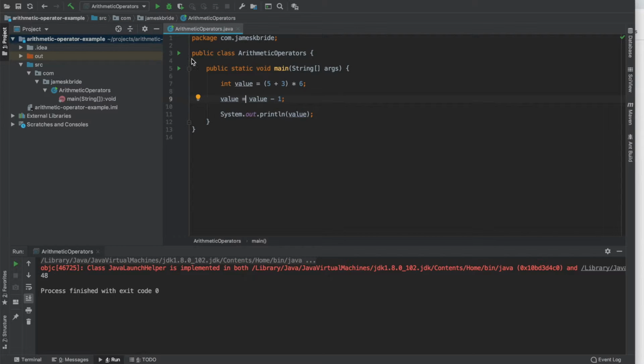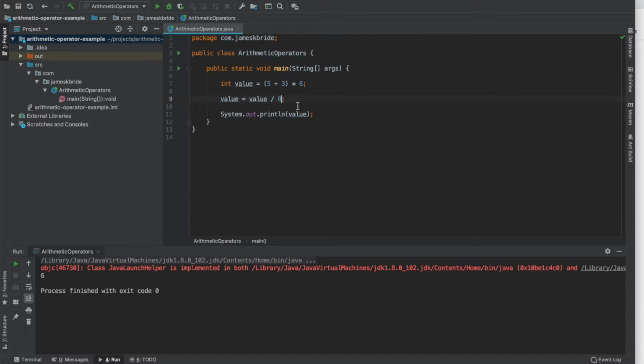Okay, so we should get 47. And we do. We could also divide by 8. That should give us 6. Okay, so that works out well.